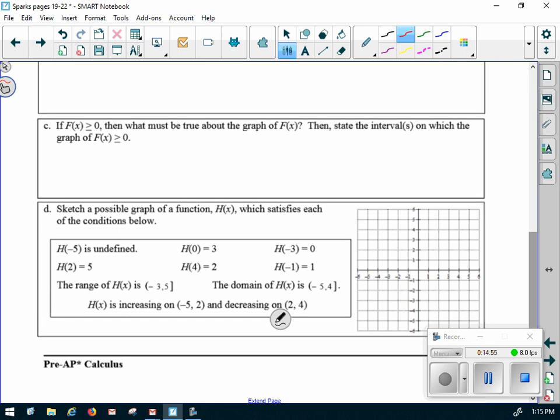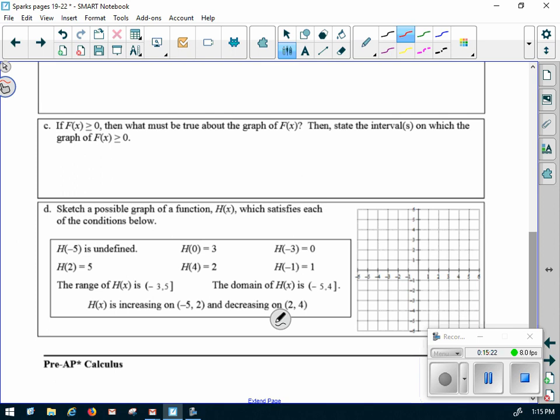Look at this question. If f of x is greater than or equal to 0, what has to be true about the graph of f? Go back to the notes we just did. If f of x was bigger than 0, meaning f of x was positive, what did that mean about the graph?